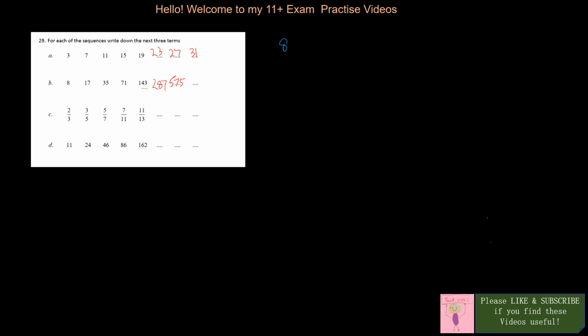From 8, we did 8 plus 9. 8 plus 9 is 17, and then 17 plus 9 times 2, we are doubling, is 17 plus 18, that is 35.